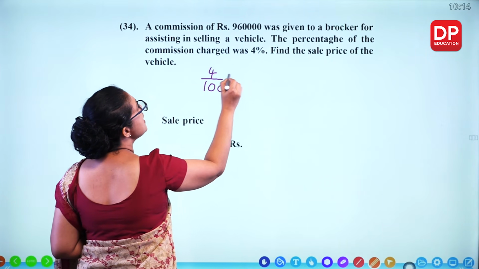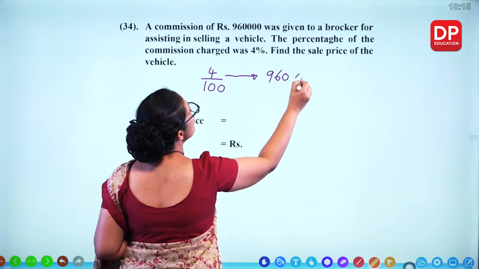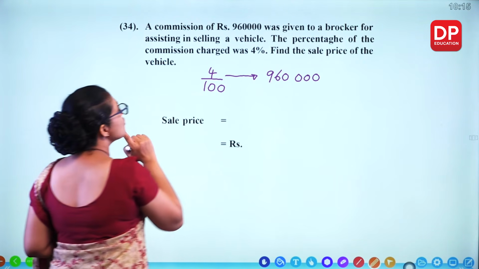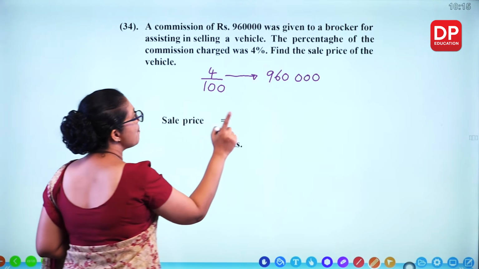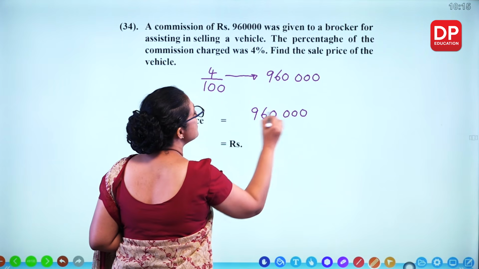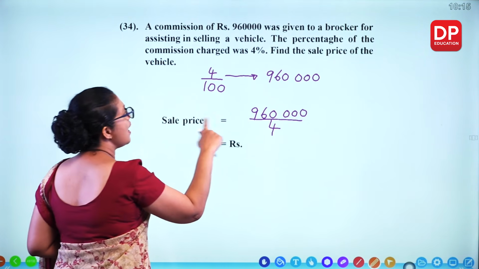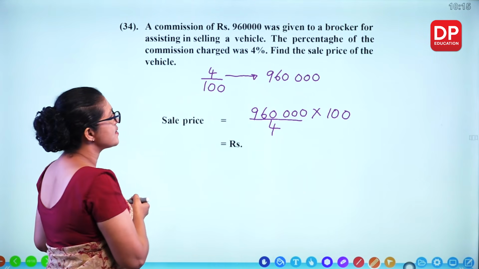So how do you find out the sale price? You find for one part, that's 960,000 divided by 4, and multiply by 100 to get the sale price.